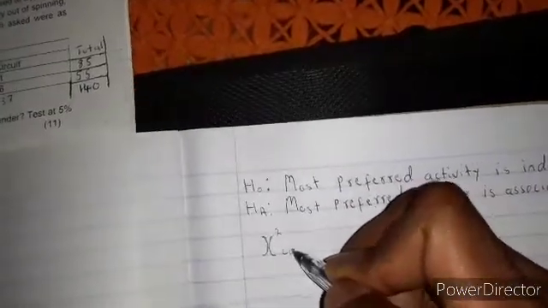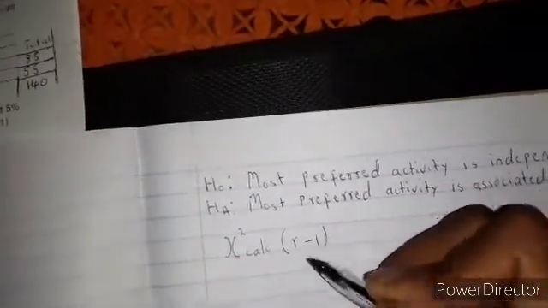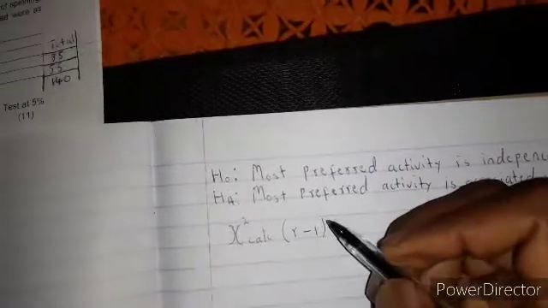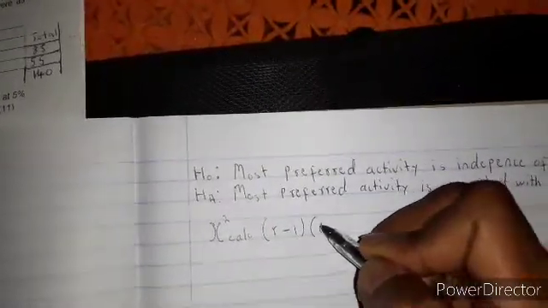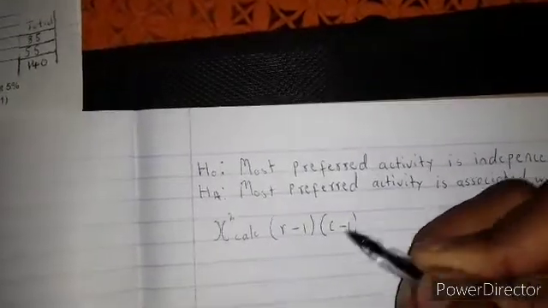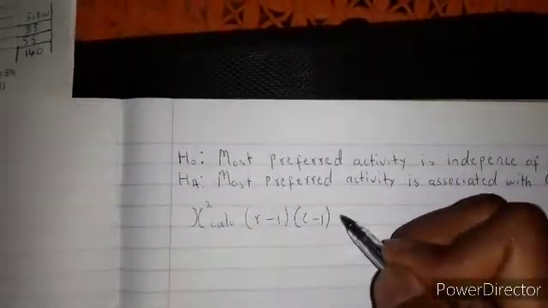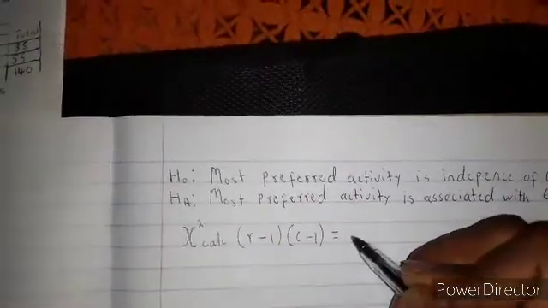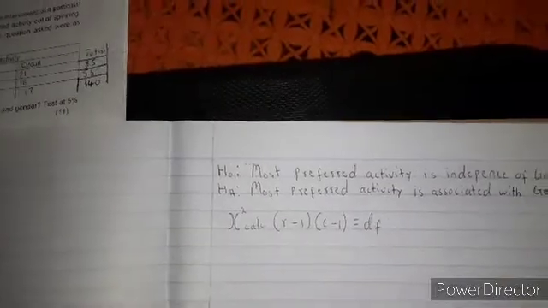X squared calc, the degrees of freedom, is equal to R minus 1, which is my number of rows minus 1, times C minus 1, which is the number of columns minus 1.